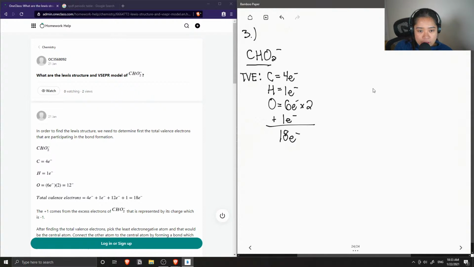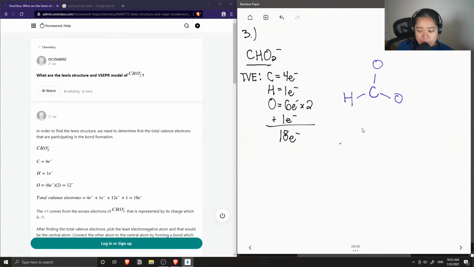So now let's draw carbon as our central atom. And then I'm just going to draw out single bonds to 2 oxygens and 1 hydrogen.